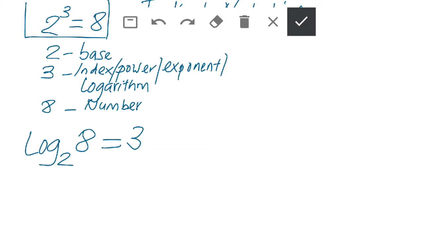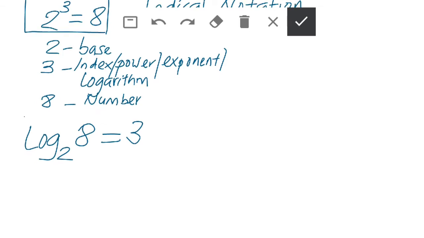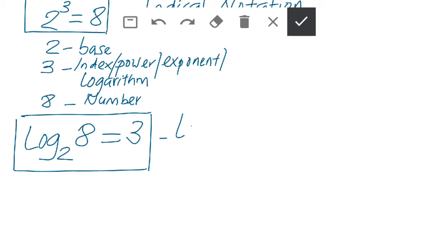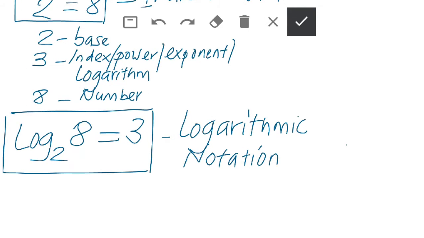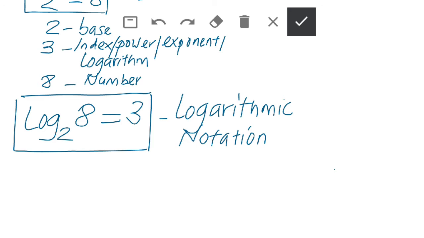We are considering the three numbers 2, 3, and 8, and we have said that 2 is the base, so we can say the log to base 2 of 8 is 3. And this way of expressing numbers is what we are calling the logarithmic notation.